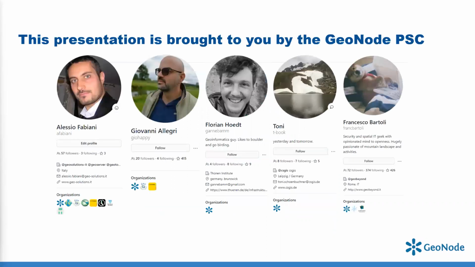Okay, so moving on, this is currently the project steering committee of GeoNode. It is actually composed by 5 people. Me, Alessio Fabiani, Giovanni Allegri, which is also part of GeoSolutions. He is a project manager on GeoSolutions, and currently he basically completely follows the development of the 4.0 version of GeoNode.